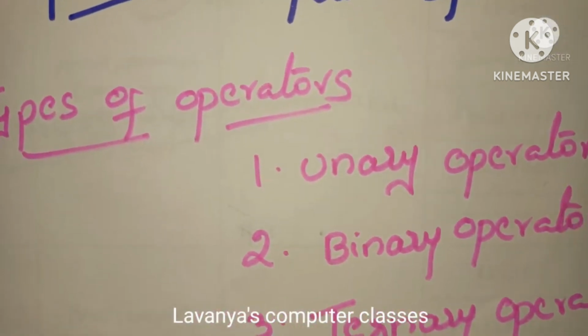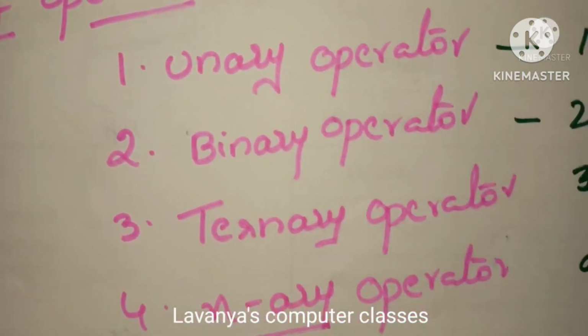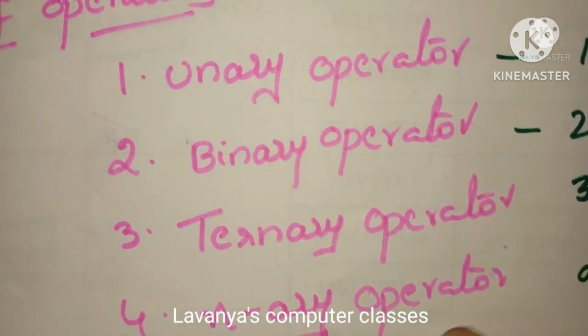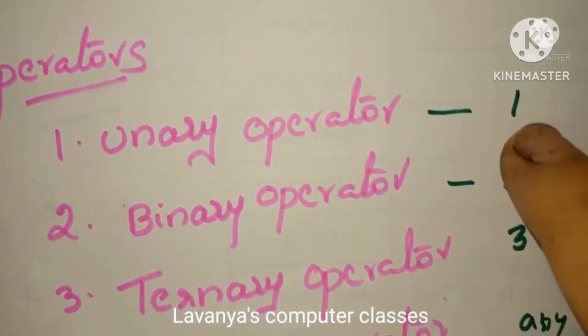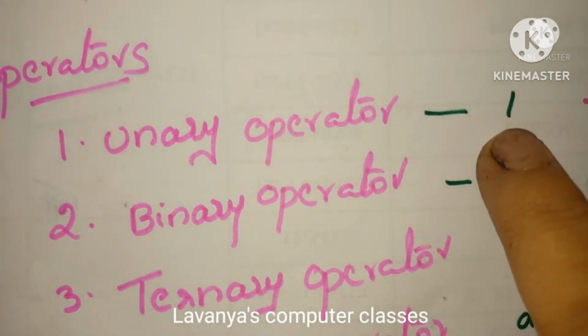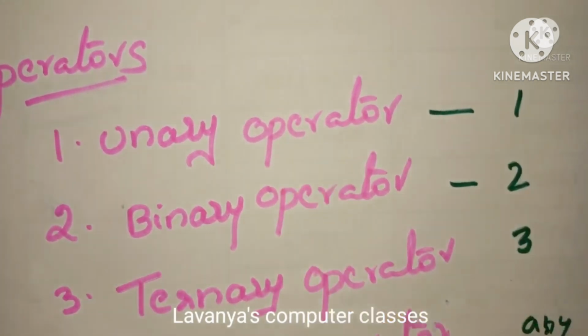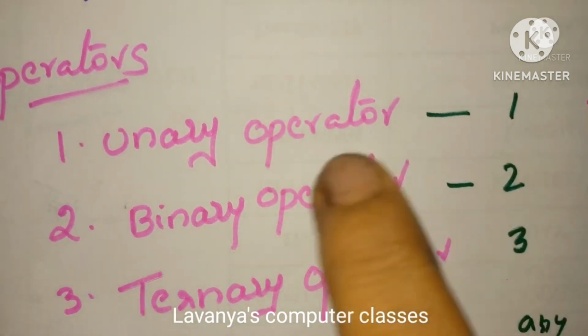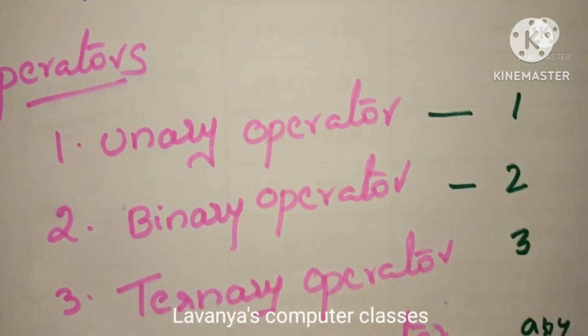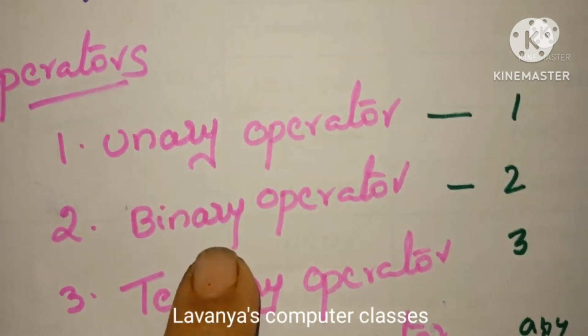These are the categories of operators: unary, binary, ternary, n-ary operators. Unary means 1, binary means 2, ternary means 3. Any operator working on only a single variable is called a unary operator.